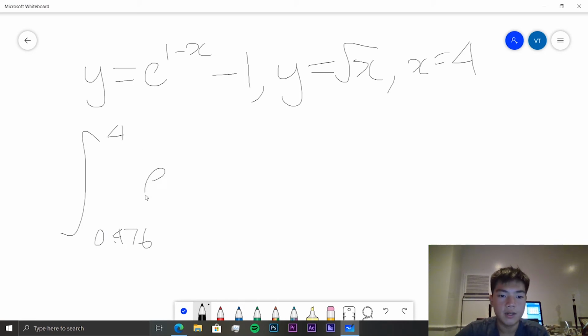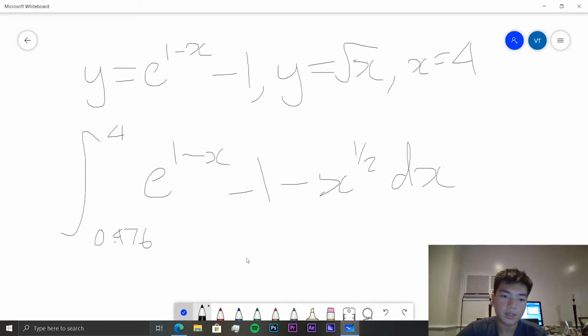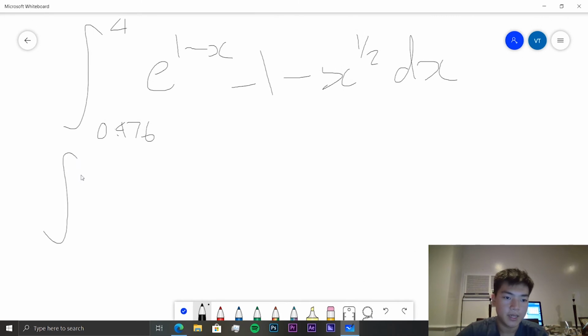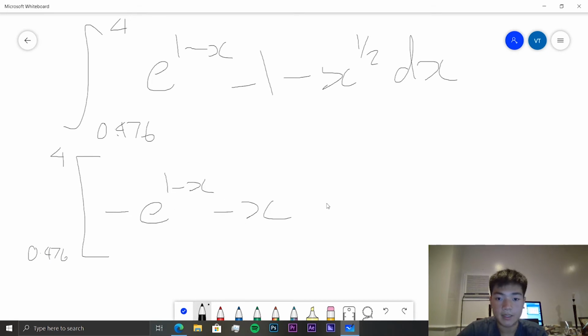So we can get the integral between 0.476 and 4 of e to the 1 minus x minus 1 minus x to the 1/2 dx. If we integrate this, we get between 0.476 and 4 of negative e to the 1 minus x minus 2/3 x to the 3/2.